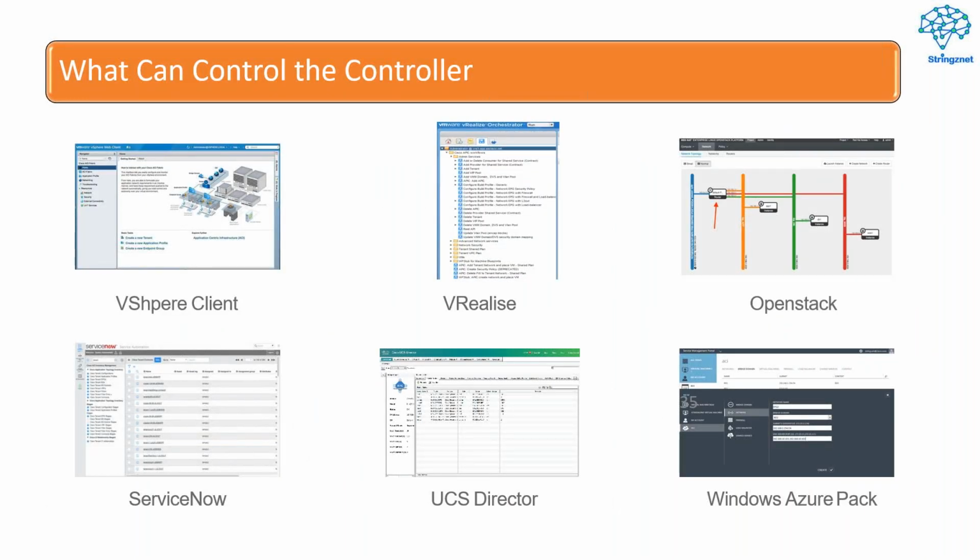APIC controller can be integrated with many other devices. Dear friends, in our second last lab called Hyperflex, I'll show you how you can add plugins in your vCenter server. What for? To manage your APIC controller.